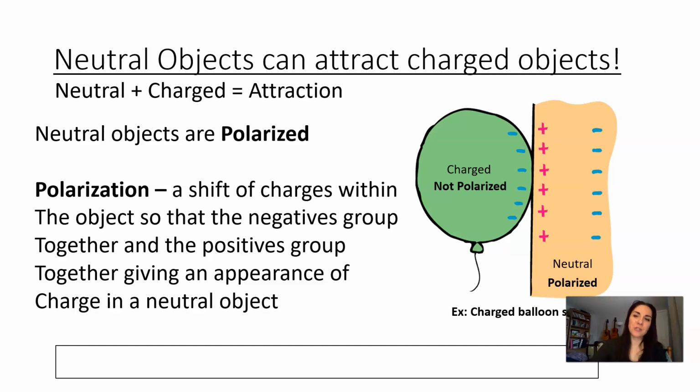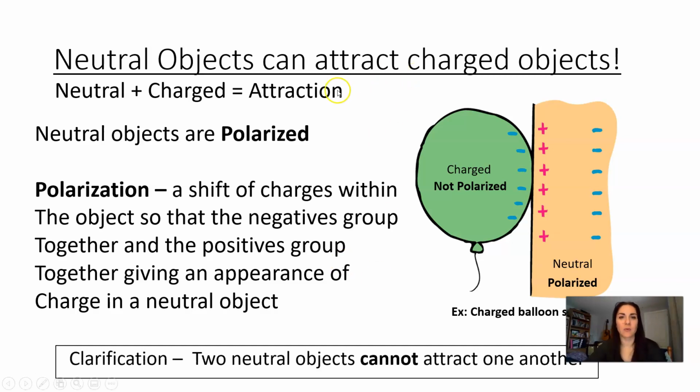So what you can do is create an attraction with a neutral object. First of all, let me just clarify, 2 neutral objects cannot attract one another. So in order to get an attraction, you need one object that's already charged, and then you'll have a neutral object. If you have a neutral and charged object, you'll cause an attraction.